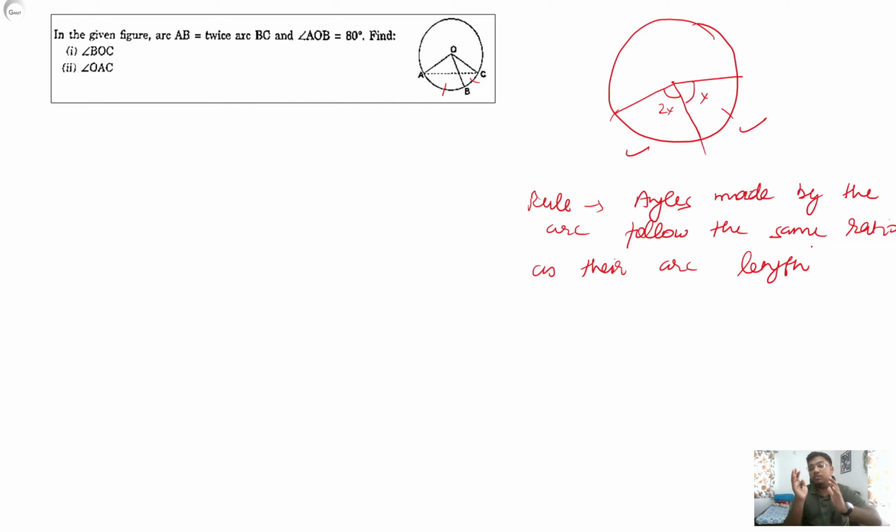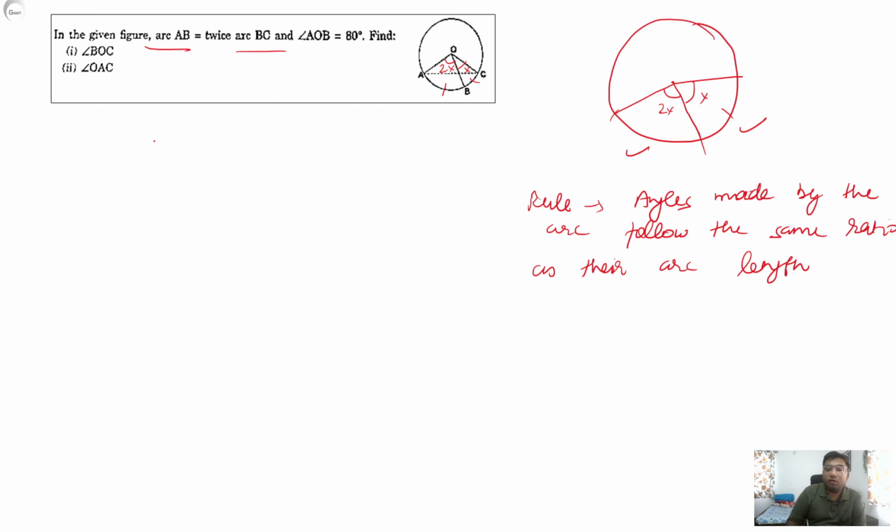So if I had to say that one of the arcs is 3 times the other arc, then I would also have to know that the angle made by that arc will be 3 times the angle made by the smaller arc. Okay, so they just go with that same ratio. All right, so the question says arc AB is twice arc BC. So the angle made by AB will be twice the angle made by BC. So if I am assuming this as x, it becomes 2x.